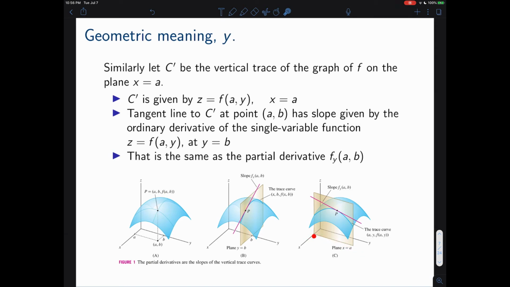Y can be anything and z can be anything, but x has to be a. So this is the plane x equals a, and it intersects through the graph of the surface along this highlighted blue curve, which is one of the trace curves that was shown in the first image.